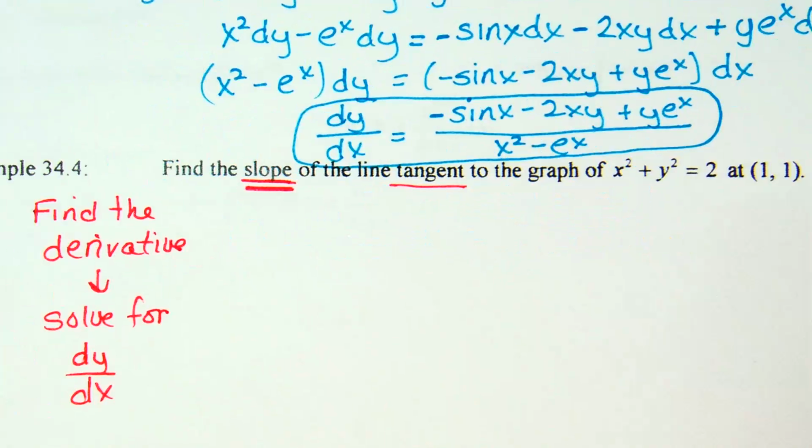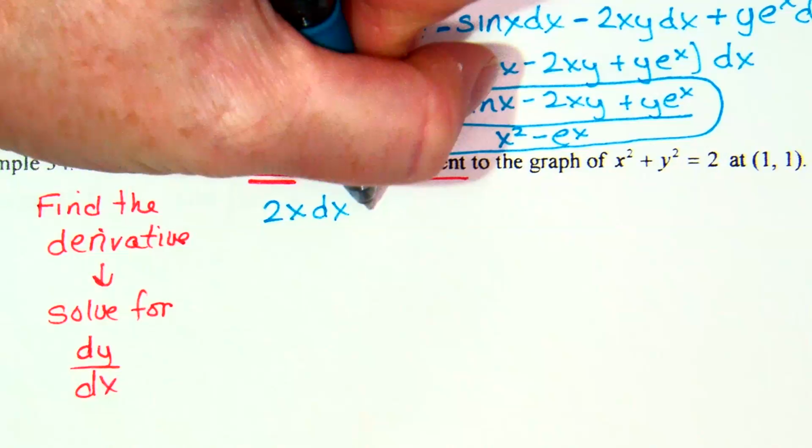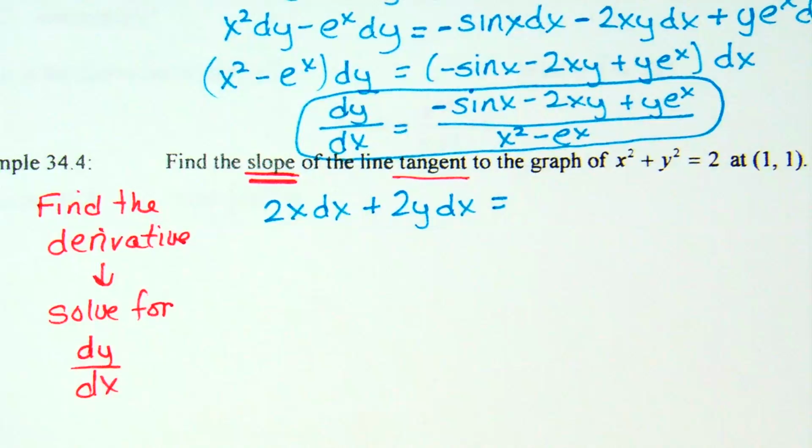Okay, derivative of x squared. Derivative of x squared is 2x. Tack on the dx. Plus derivative of y squared, 2y dy. Equals derivative of 2, 0.